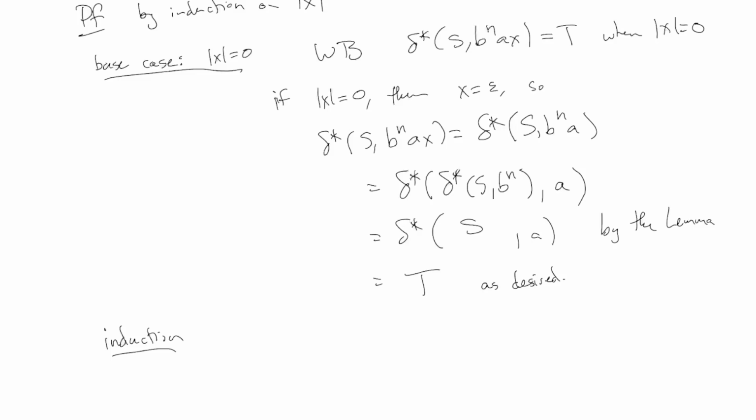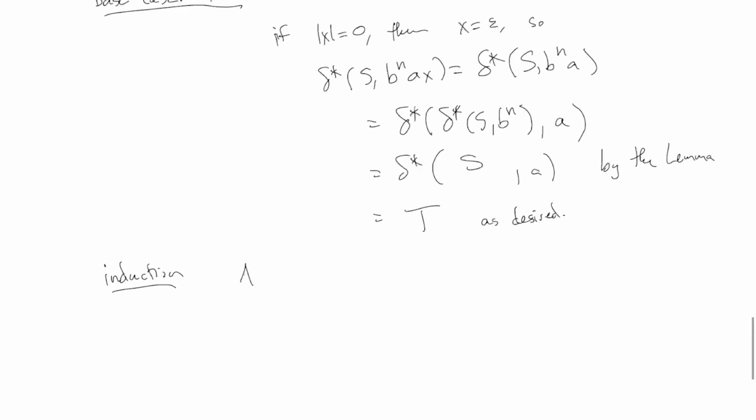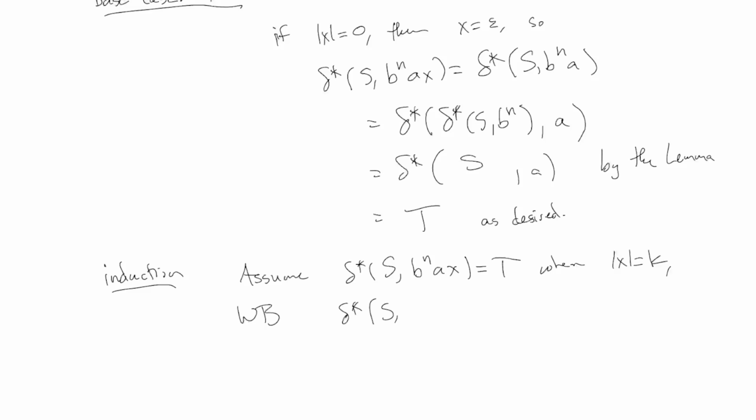The induction case is, we assume, my induction hypothesis would be that delta star of S and B to the n ax equals T when the length of x is k, and I want to show the same thing when the length of x is k plus 1.